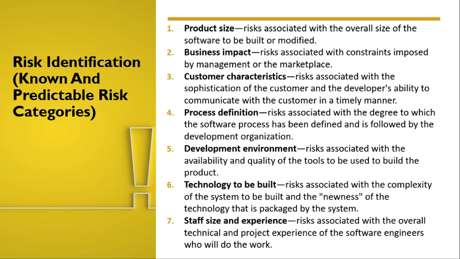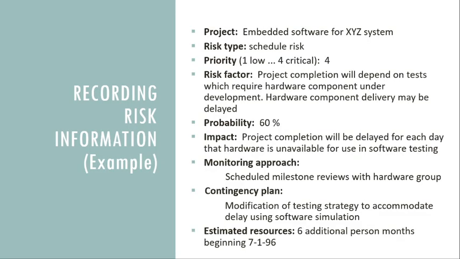Like staff size and experience, it's a risk associated with the overall technical and project experience of the software engineers who will do the work. So these are all known to us, and since they are known to us, we can predict the possible risk also, right? So we have to identify all this kind of risk, whatever the possible risk.